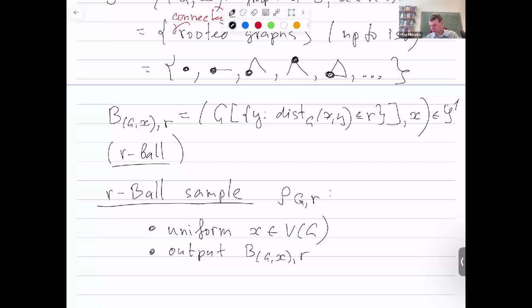So this rho_{G,R} is some distribution on this set G1. So this is some probability measure on rooted connected graphs, because clearly what you see is connected. Everybody is at most distance R from the root.